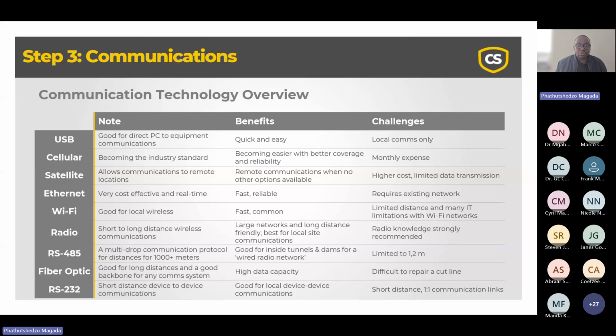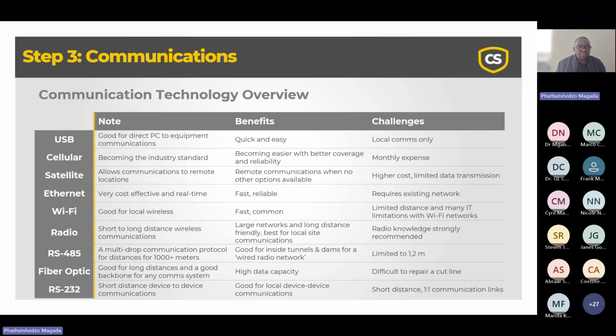You need to ensure you have a sufficient data subscription so that you are receiving your data without disruption. We have satellite. The challenge with satellite is that it is very expensive and limited in data transmission, but it allows communication to occur in remote areas.